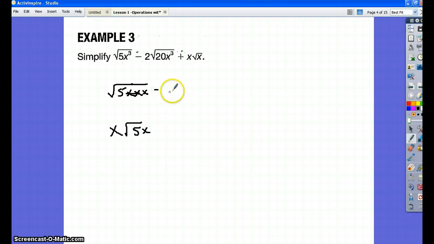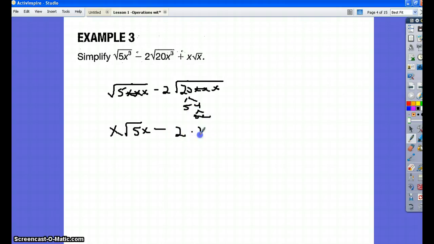This is going to be, remember, we could break down, it's going to be 2 square root of 20 x, x, x. So one of those x's can come outside. Remember, this can be broken down as 5 and 4, 2 and 2. So we already have a 2 right here.